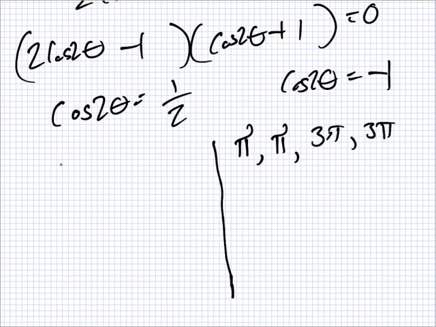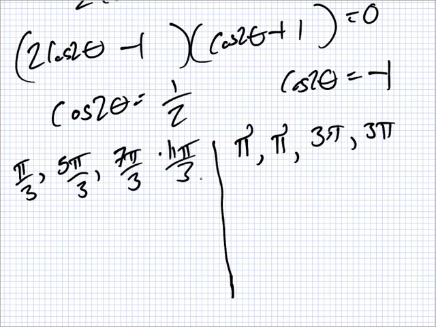Here, cos inverse a half is pi over 3. How do you get the second answer? 2 pi minus that is 5 pi over 3. And how do you get the next answer? By adding 2 pi. So that's 7 pi over 3 and 11 pi over 3.